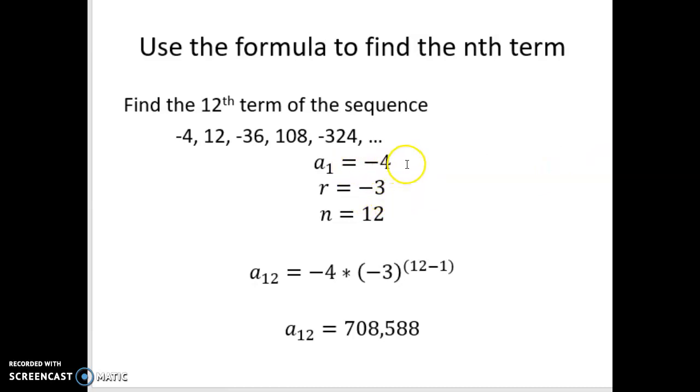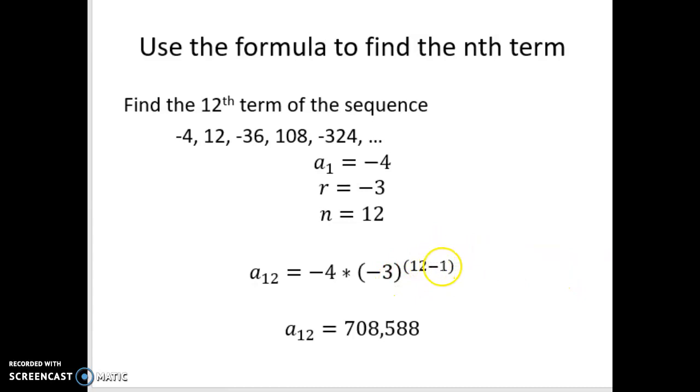Our first term is -4, it's always just the first one in the list. And since we want the 12th term of the sequence, n is 12. So once again, plugging everything into the formula, a sub 12 equals -4 times -3 raised to the 12 minus 1 power. If you're typing this in all at once, make sure you have parentheses around that negative base, that -3.